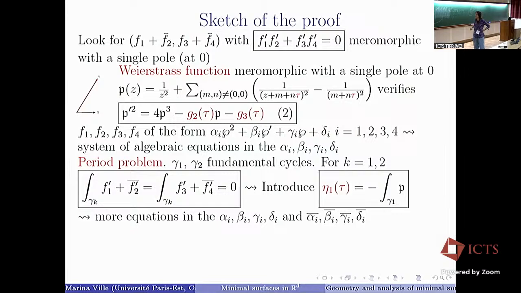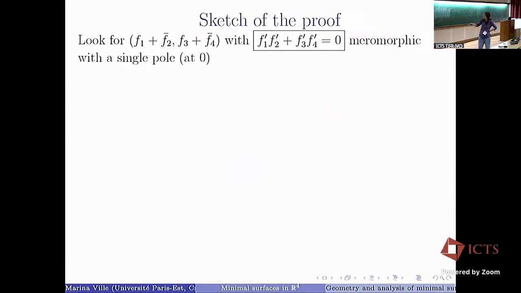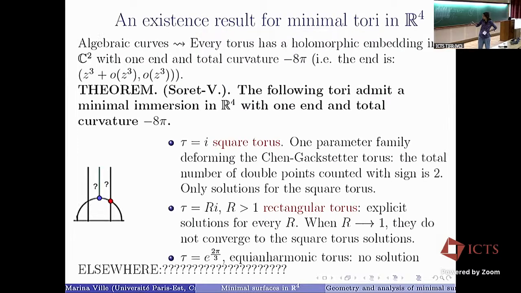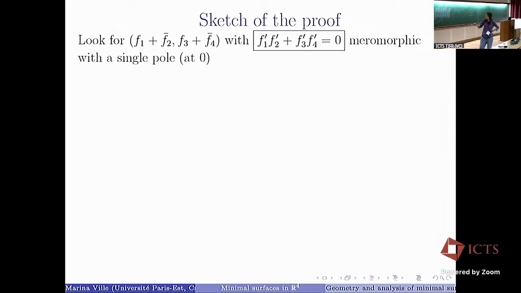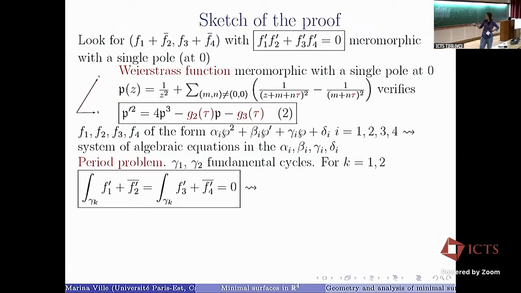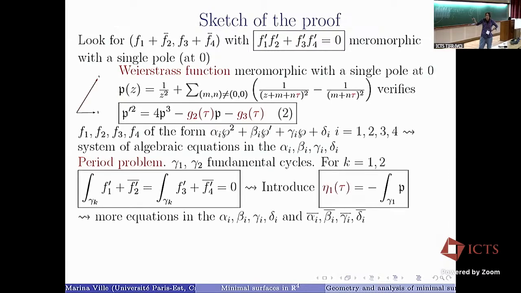So these are enough to show us, remember, I said we have a non-existence result here. This massive system of equations is enough to show the non-existence. But to show existence, we need to make our life easier.